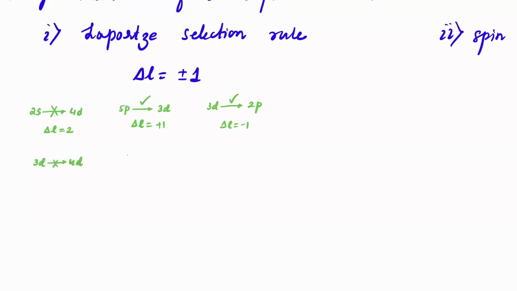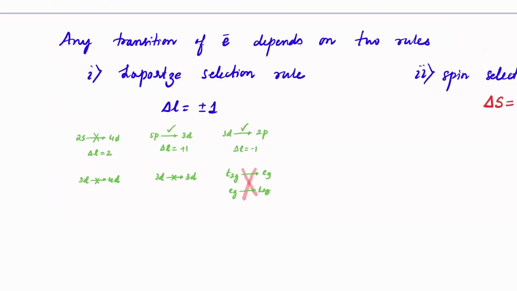If it is going from 3d to 3d, then also it is not a correct selection. So that means if it is going from T2G to EG or EG to T2G, both of them are not correct. Both of them are not following Laporte's selection rule.